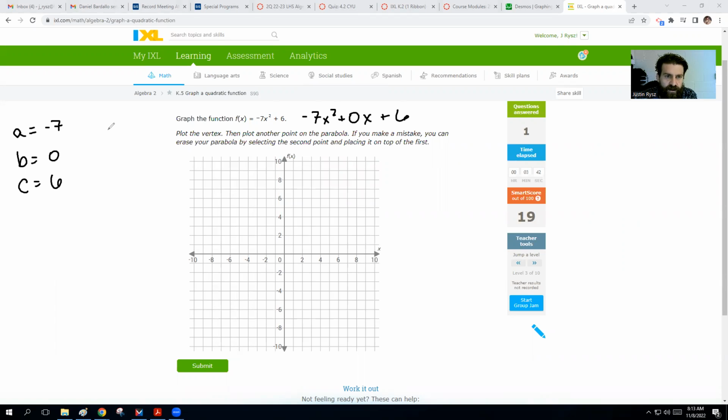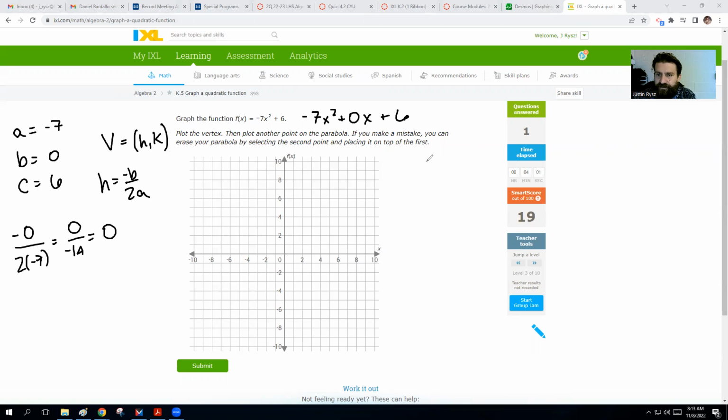So our vertex, which is at (h, k). Our h is negative b over 2a. So it'd be negative 0 over 2 times negative 7. Hey, we've seen this a couple times. This is going to be 0 over negative 14. All that doesn't matter, it's going to be 0. To figure out our k, we have to plug 0 in.